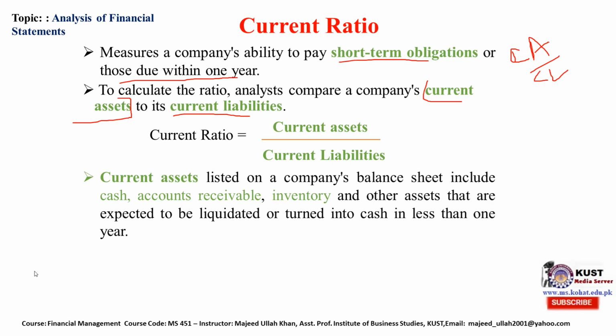Current assets listed in the company balance sheet include cash, accounts receivable, inventory, and prepaid expenses.